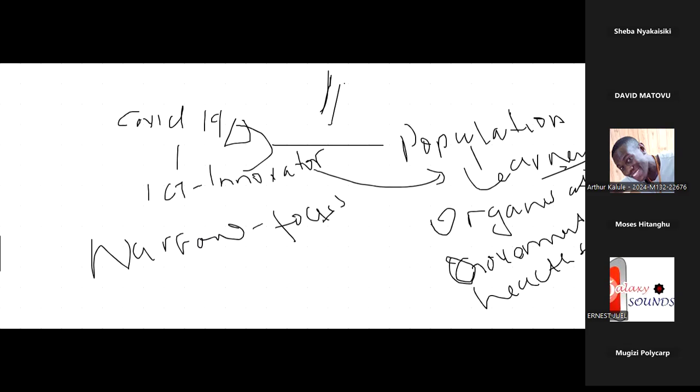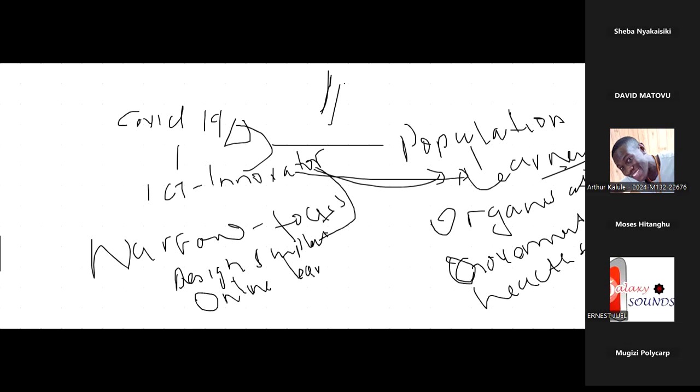So if, let us say, you are an innovator and you are looking at learners who are at home, and you want to design and implement an online learning tool, even if you say you don't want to focus on a particular case study, you're not going to develop a generic one that does synchronous and asynchronous.